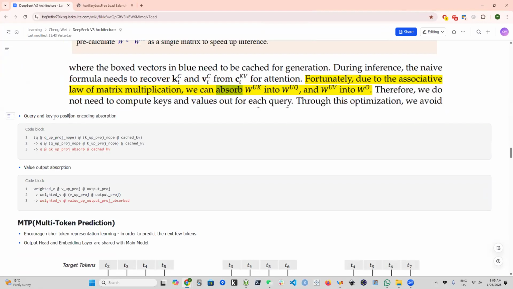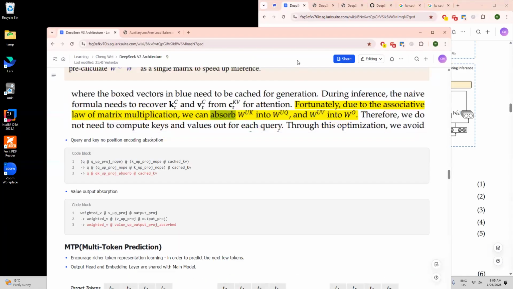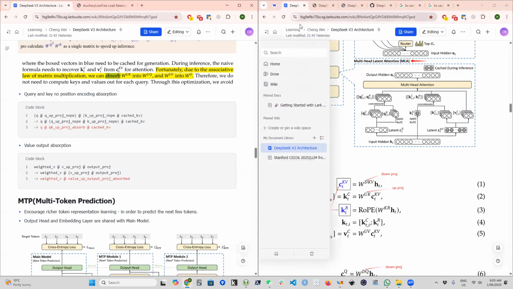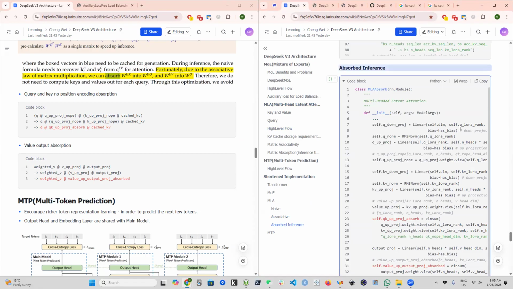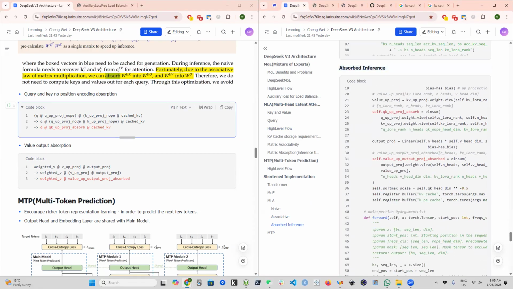So here for the code, what we do here is the absorption version. What we do here for the non-positional encoding part, we apply the absorption, because the non-positional encoding part also has a larger dimension, right?